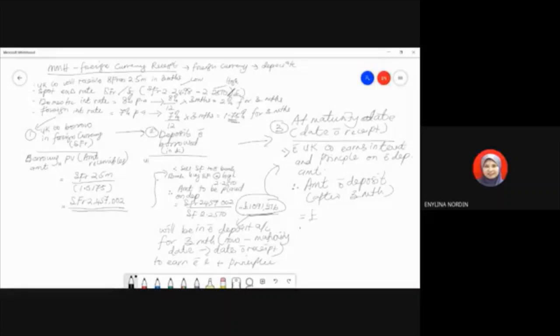That is 1,091,516 multiplied by which interest rate? This is the domestic currency deposit, so we need to use 8% per annum. But that is per annum, and the deposit account here is for 3 months.